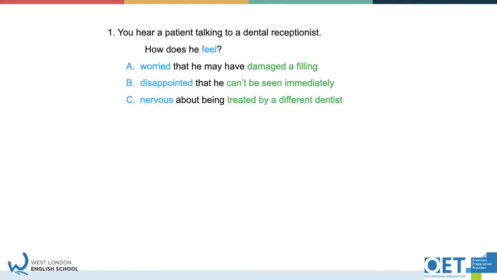So maybe the dentist can't be seen immediately, but the patient might say, okay, don't worry, that's fine. And that means that the patient isn't disappointed that he can't be seen immediately. Now we are going to have a listen. So listen carefully and choose the correct answer.